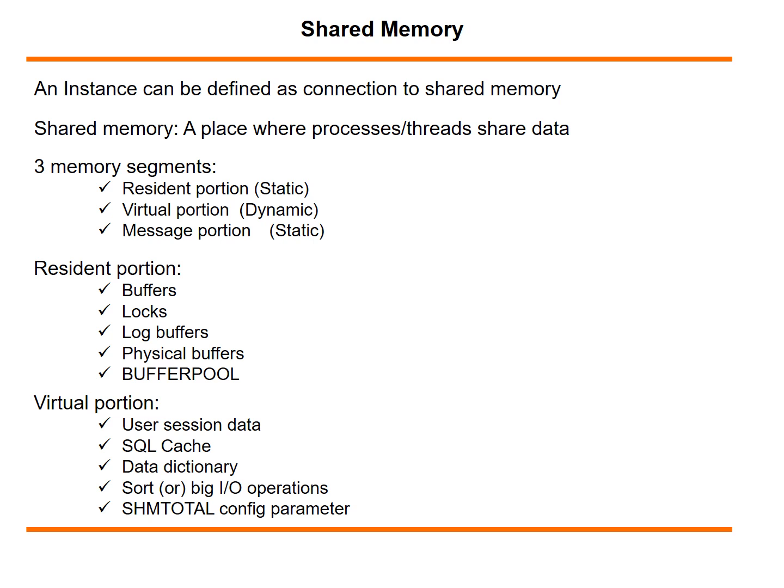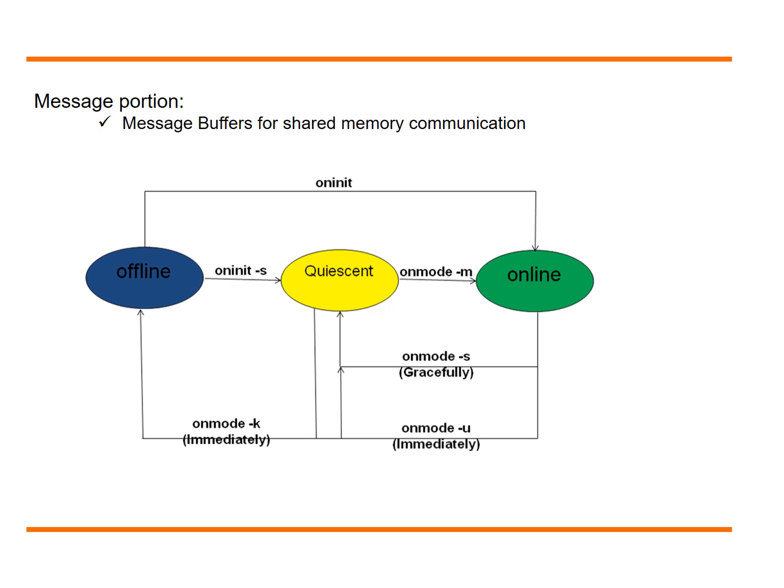The buffers: log buffer, physical log buffer, and buffer pool. In the virtual portion: user session data, SQL cache, data dictionary, sort or big IO operations, and total configuration parameters. And the third is the message portion. What components are available in the message portion? This is the message buffer used for shared memory communication.